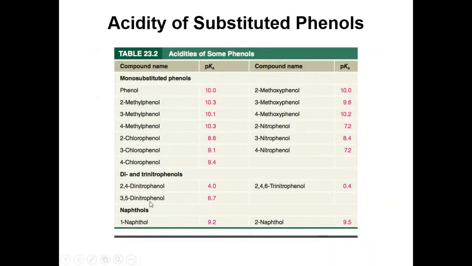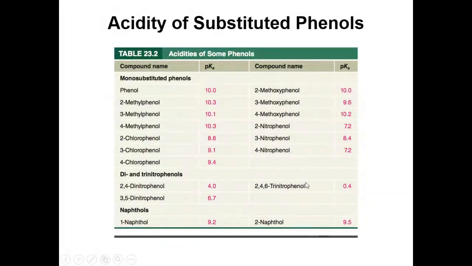This compound also has two nitro groups, but because both are meta to the hydroxy group, the acidity enhancing effect is not as good as the 2,4-dinitrophenol. You can see an obvious difference. This guy is about 3 orders of magnitude less acidic than this one.